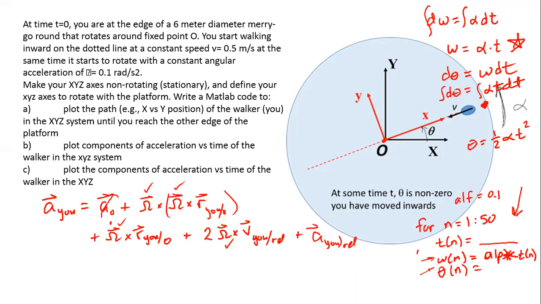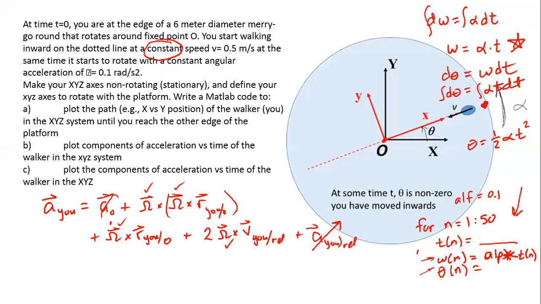Right. Well, up here I said it was constant, right? So what does that mean about a rel? Yeah, so a rel is 0. Are there questions about that? Because it's just me walking along the line. I'm walking at a constant speed of 0.5 towards the center until I get to the other side on the dotted line. Okay. So the a rel is going to be 0.